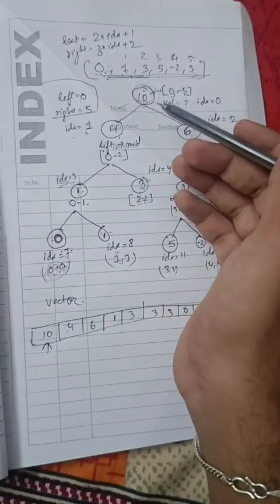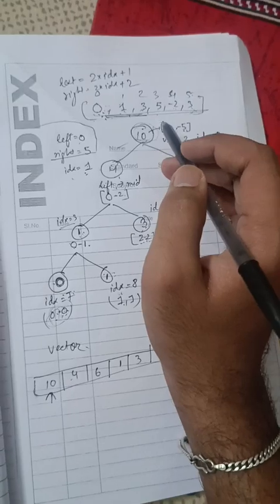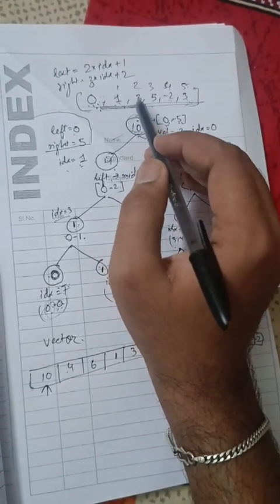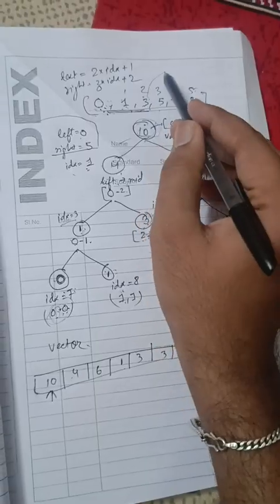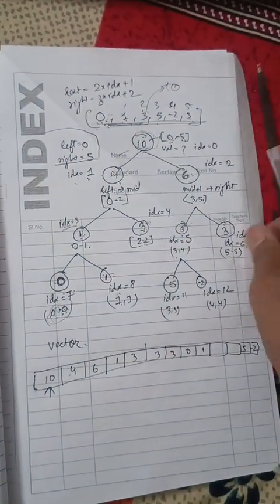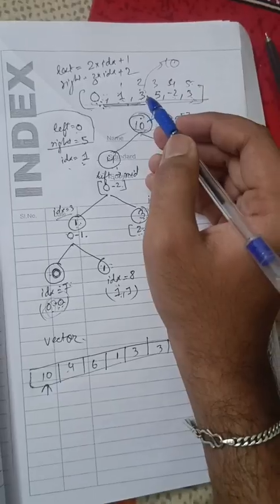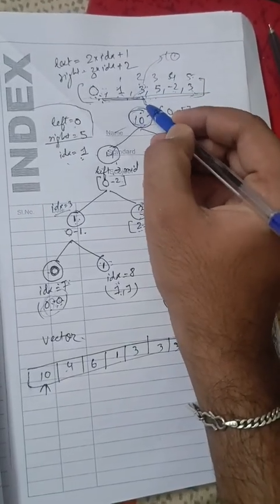And when we have to update anything, let's say I have to update at index 2 the value 3 to 10. Let's say at index 2 the value will be 10.